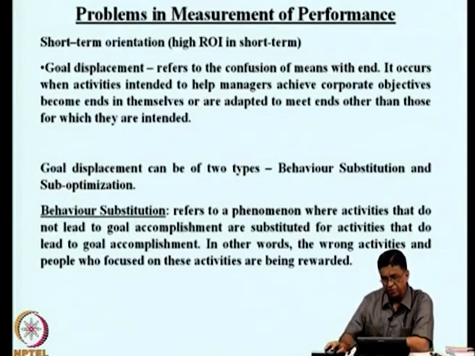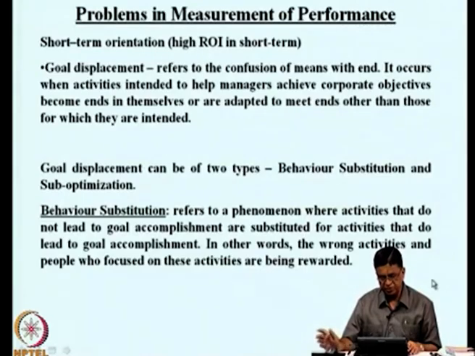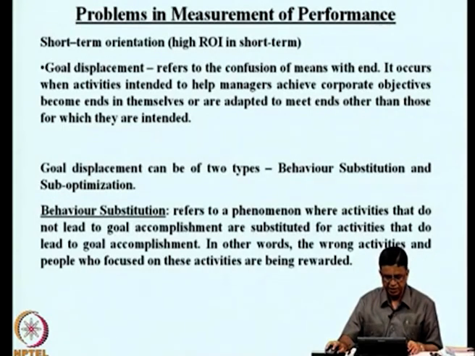We looked at the two types of goal displacement, that is behavior substitution and sub-optimization. Behavior substitution refers to a phenomenon where activities that do not lead to goal accomplishment are substituted for activities that do lead to goal accomplishment.